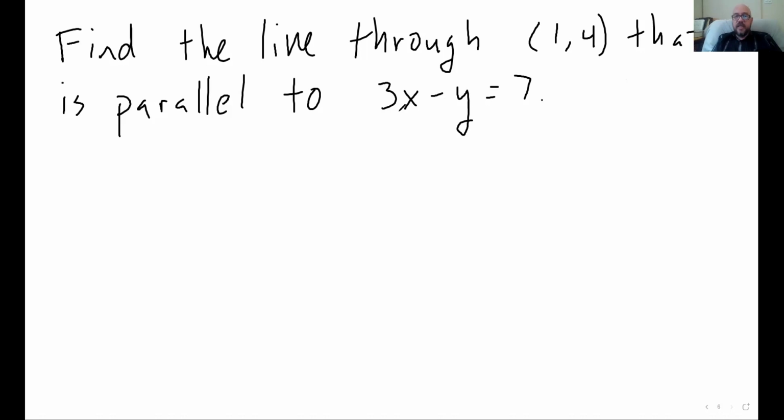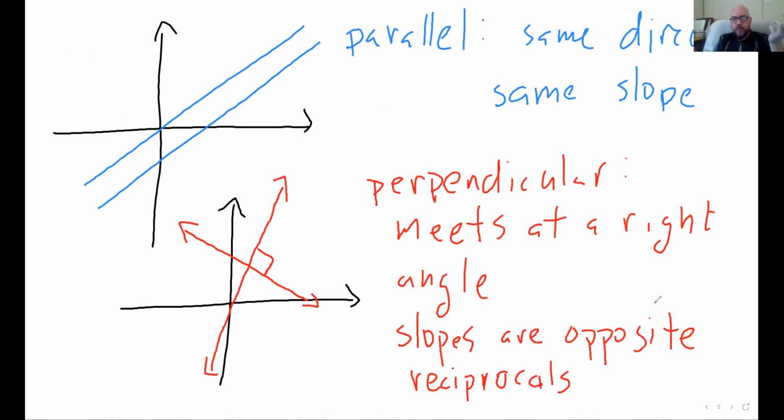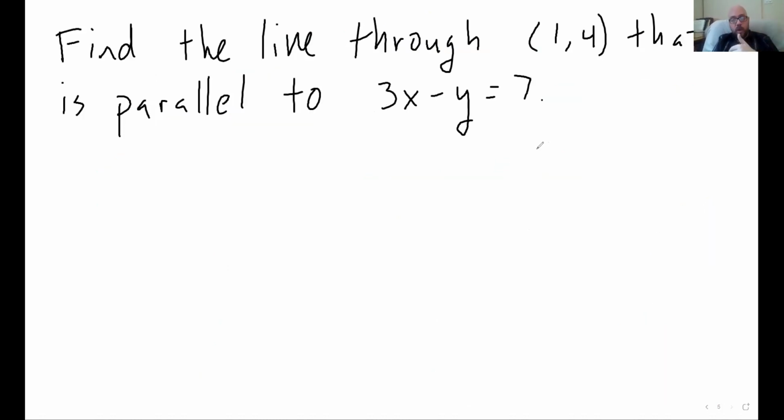This line is parallel to the one I'm looking for, but it's not the line I want. So what I need to do is figure out what the slope of this line is, and then use that, right? Because parallel means the same slope. So if I know a line is parallel to the line I want, then I can use the slope of that line because it's the same as the one I want.